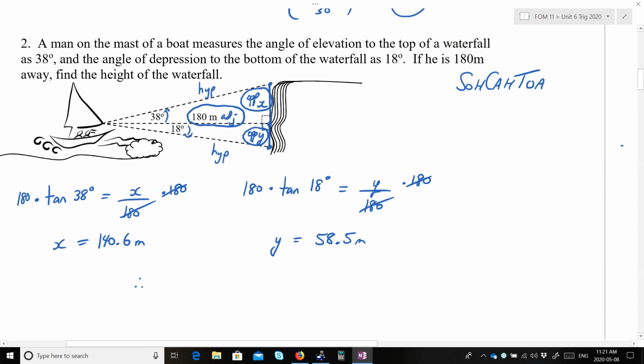And then we can say, therefore, the height of the waterfall is equal to x plus y.